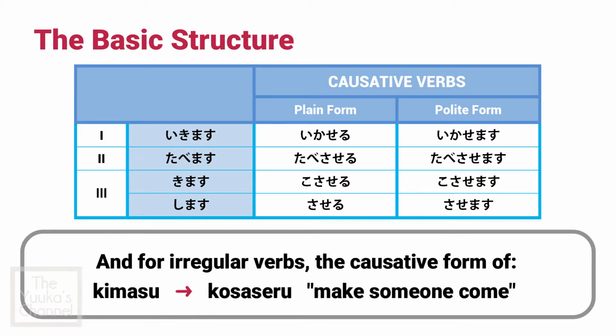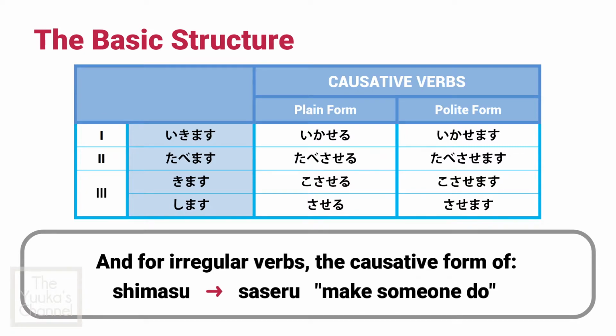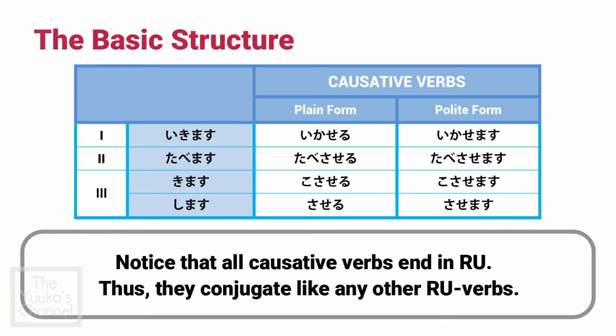Make someone come. And shimasu is saseru. Make someone do. Notice that all causative verbs end in ru. Thus, they conjugate like any other ru verbs.